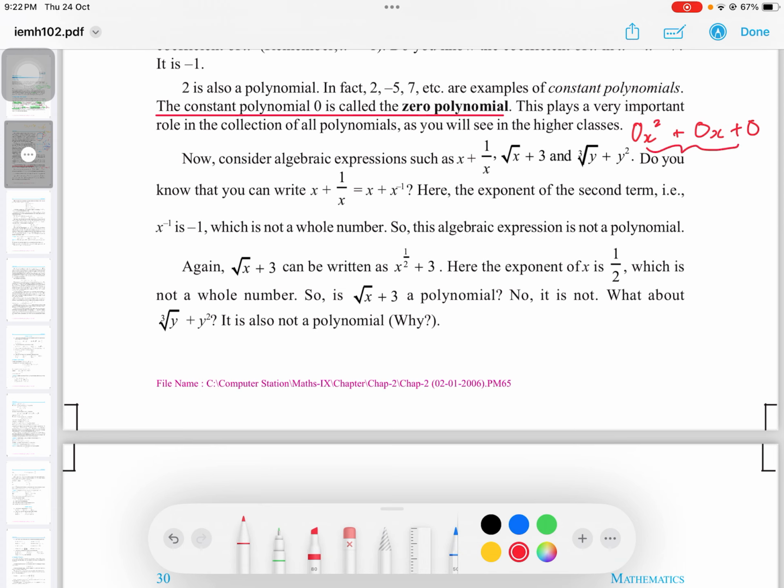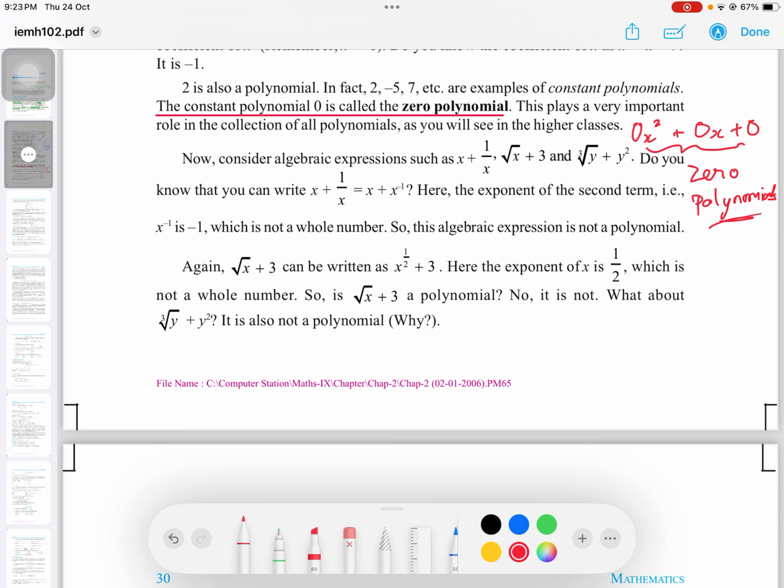This is an example of a zero polynomial. Spelling. Look, what an ugly dumb mistake. Polynomial, I did an O here. Now it's correct. Polynomials.